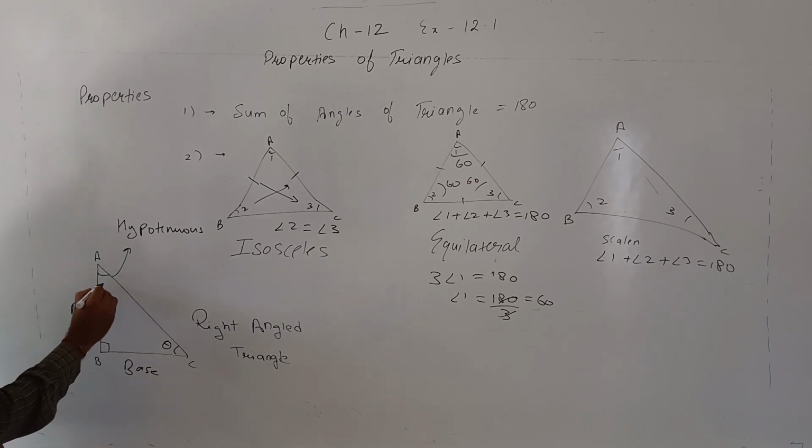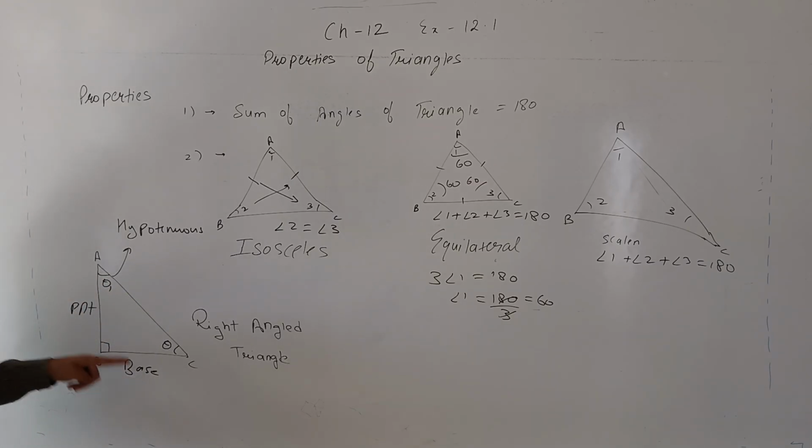Otherwise, if we are seeing through angle theta 1, then this will become perpendicular and this will become base, because the angle theta is always between base and hypotenuse. So if this is your angle, this is the base and this is the hypotenuse, and the third side will be the perpendicular. It depends upon the angle.